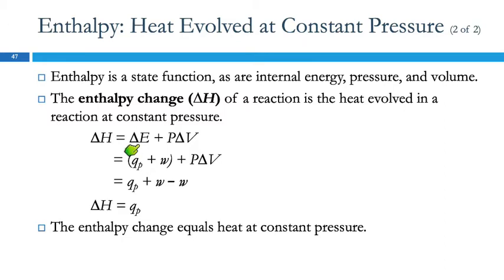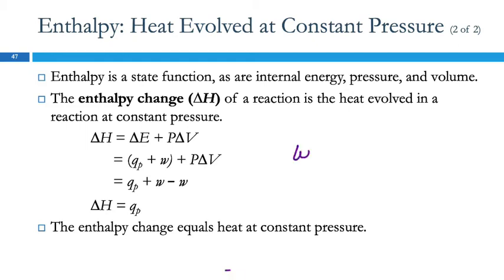So we learned earlier that the change in internal energy is the sum of the heat plus the work. Here this Q has a subscript of P, meaning constant pressure. So we have Q plus W plus this P delta V thing.